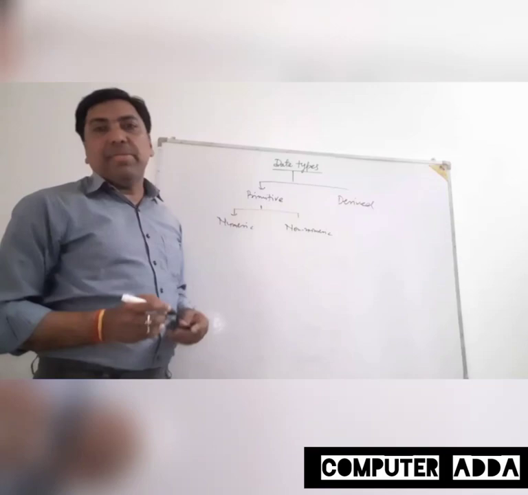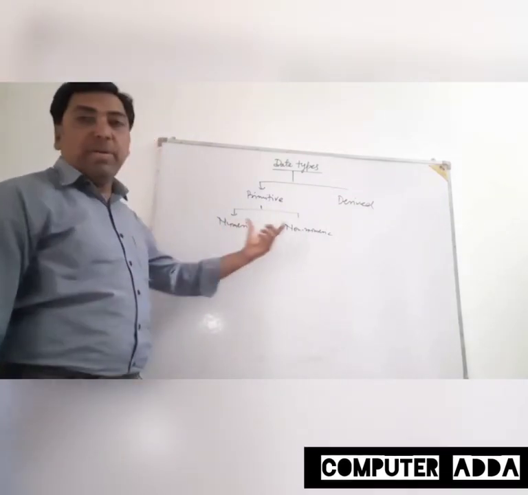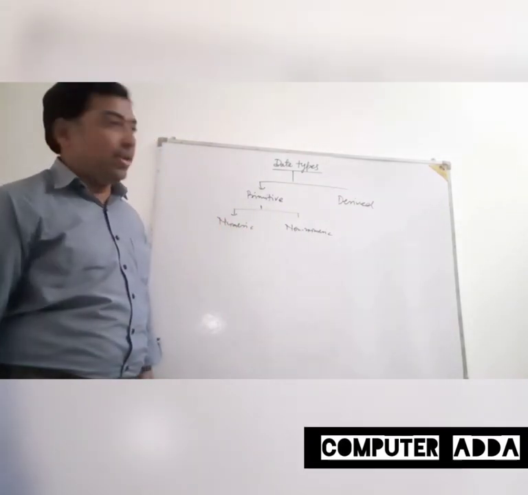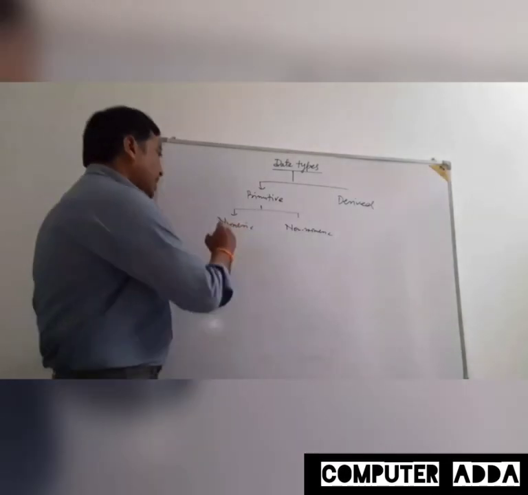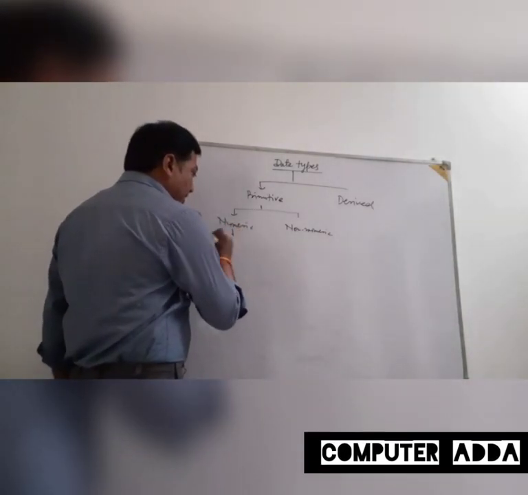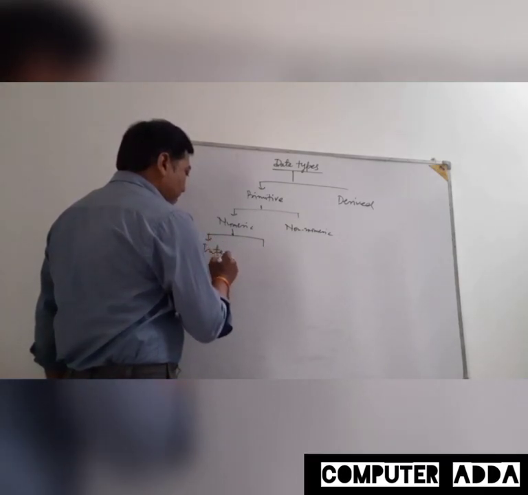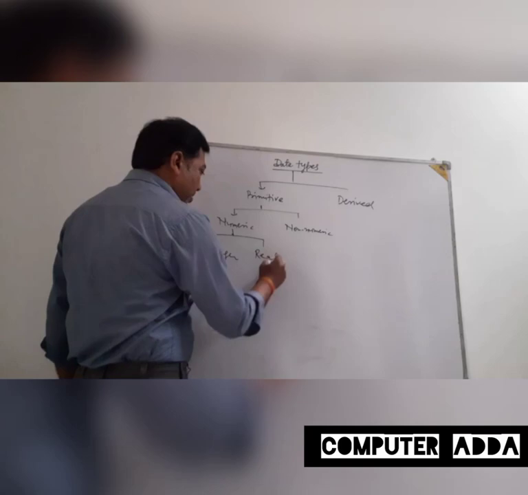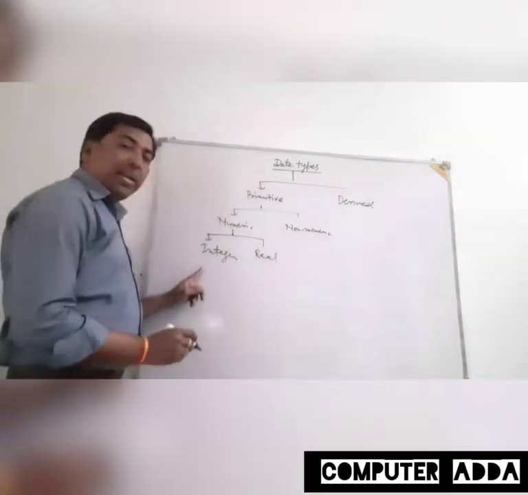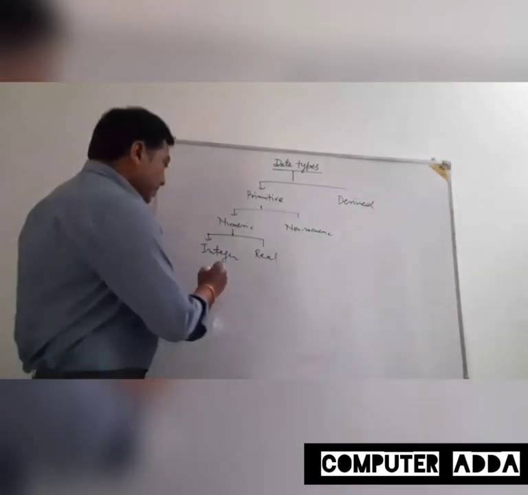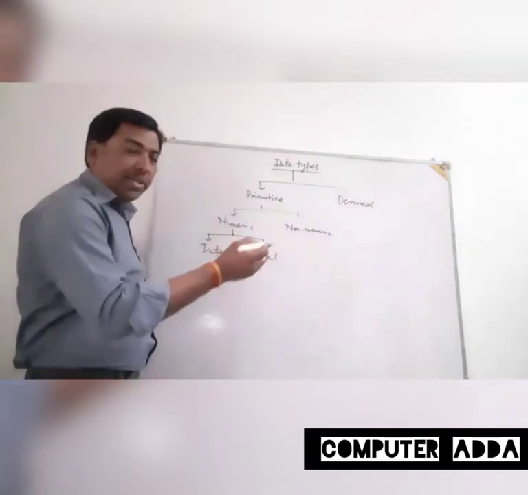All the primitive data types occupy a fixed amount of memory. In numeric, we have again two subcategories: real and integer. Integers are used to store whole numbers without a decimal point, and reals with a decimal point.